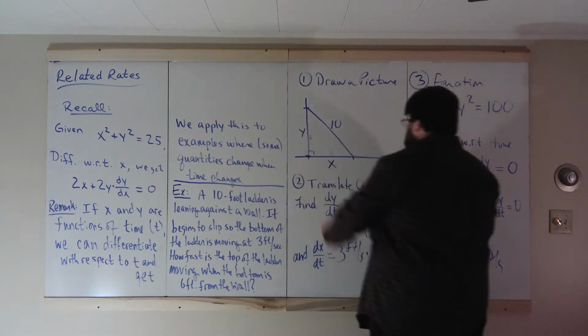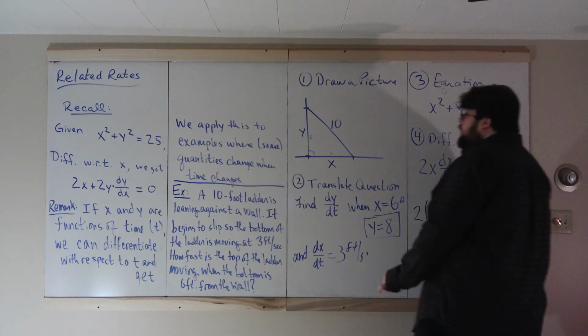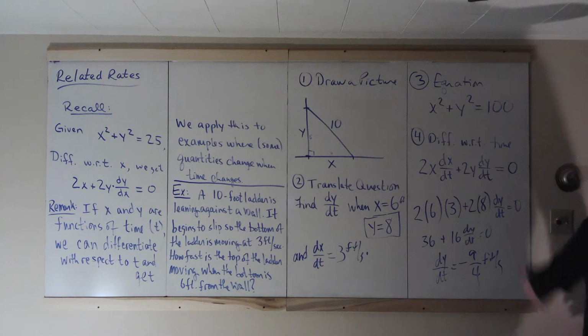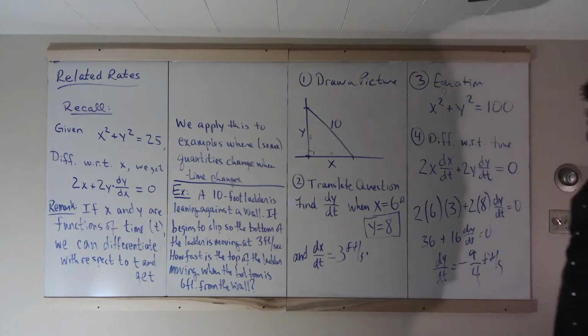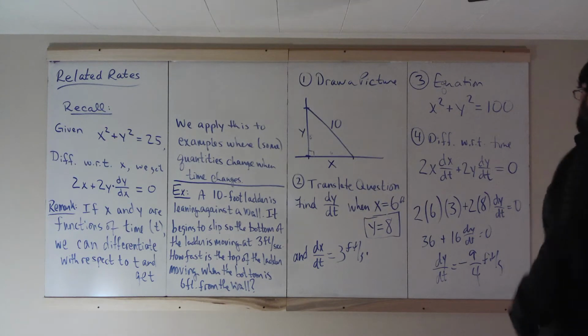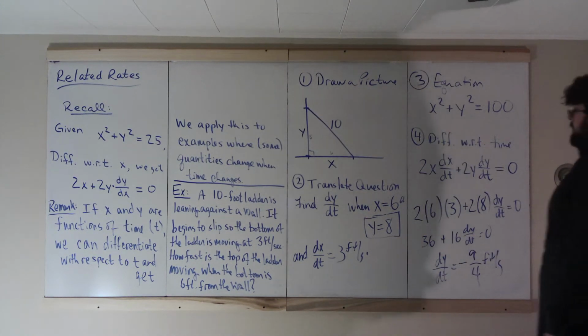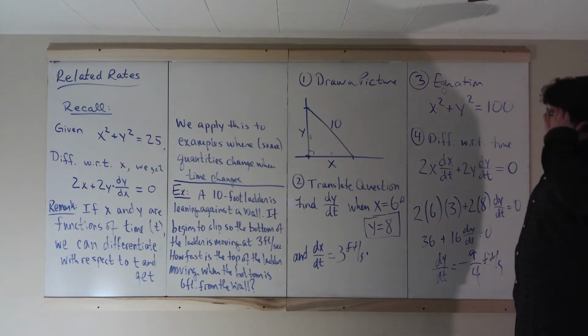As time changes, x is getting larger. As time changes, y is getting smaller. And that's reflected in these rates with a positive and a negative. Just like velocity, if you're walking forward, it's a positive velocity. Walking backwards, a negative velocity, assuming you define the forward direction to give you a positive velocity.